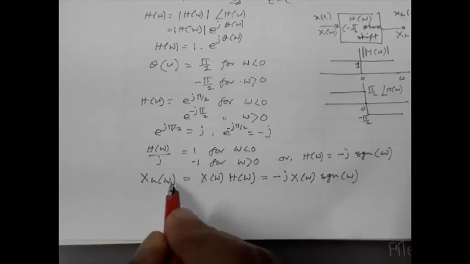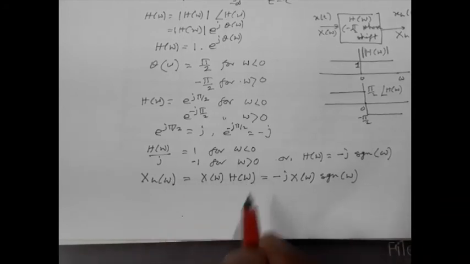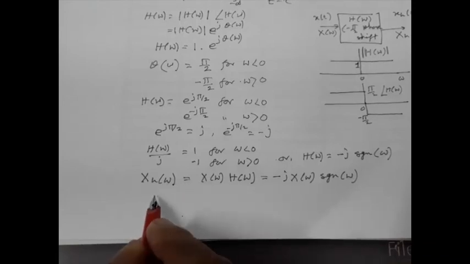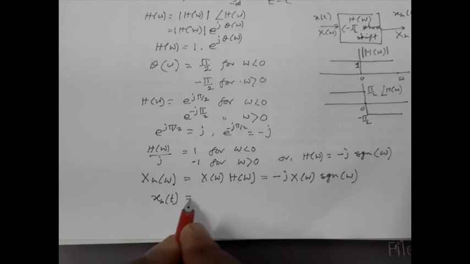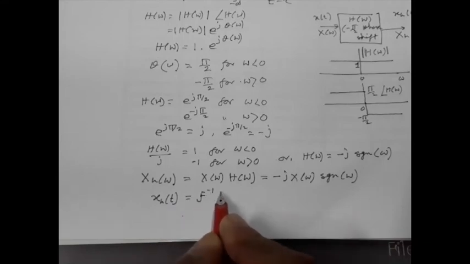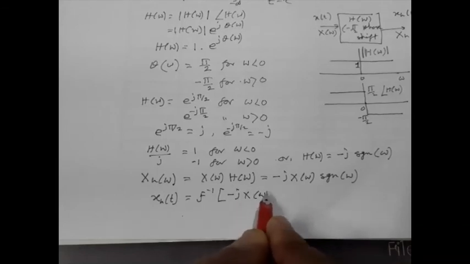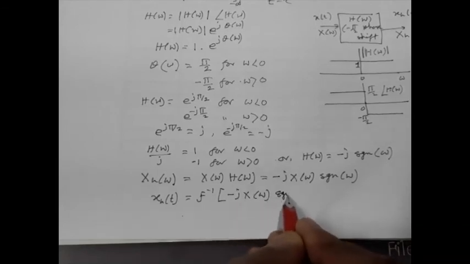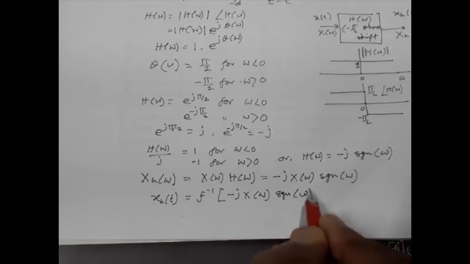Now if you take inverse Fourier transform in both sides, we will get xht, that is equal to inverse Fourier transform of minus j x omega signum of omega.